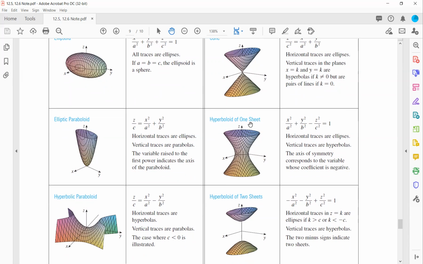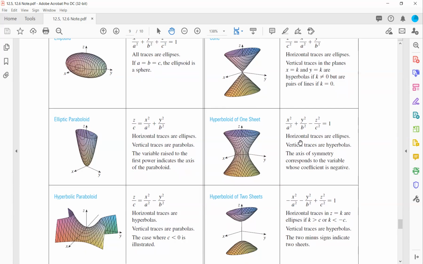For hyperboloid of one sheet, we get x squared over a squared plus y squared over b squared minus z squared over c squared equals 1. When it comes to hyperboloid of two sheets, you get negative x squared over a squared minus y squared over b squared plus z squared over c squared equals 1.